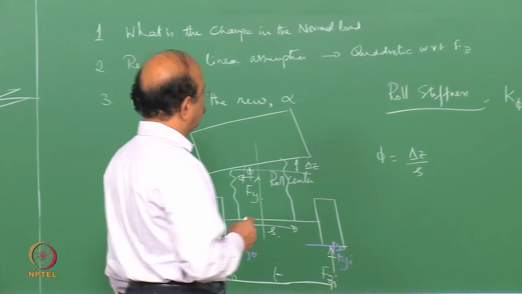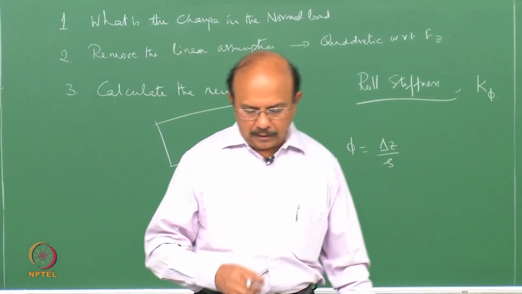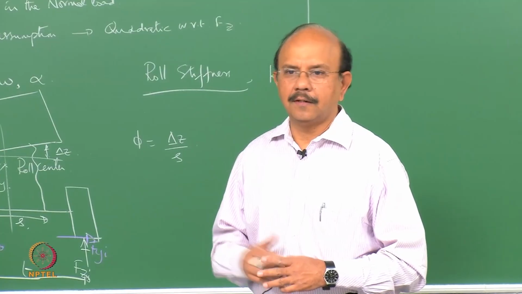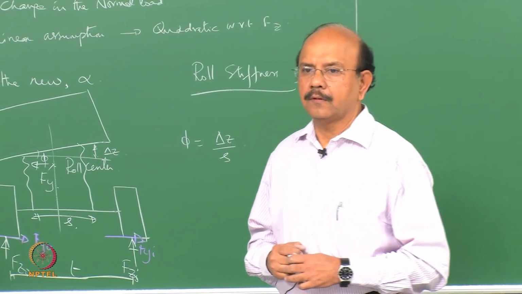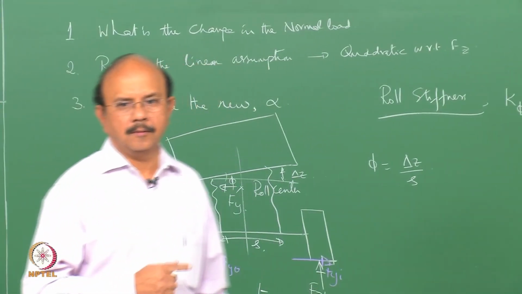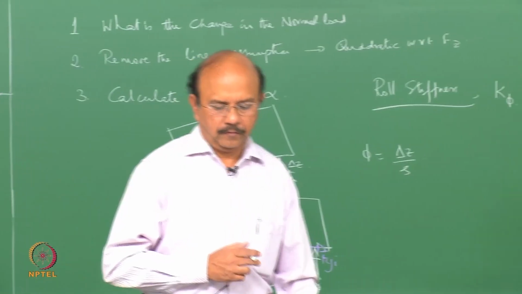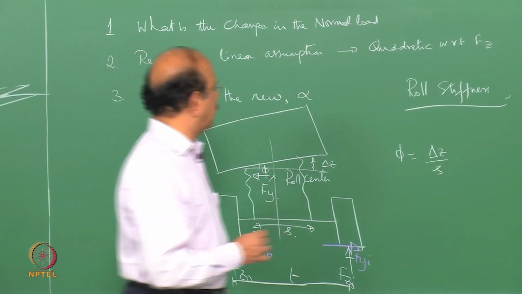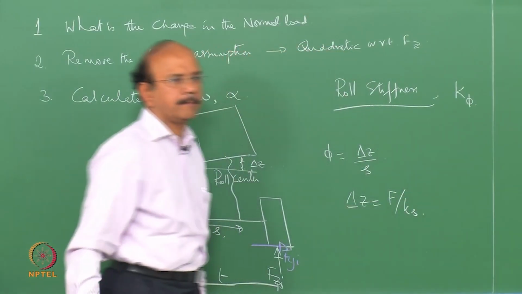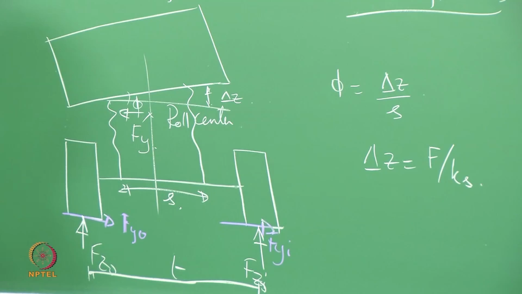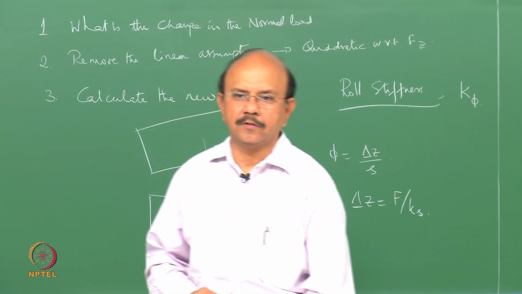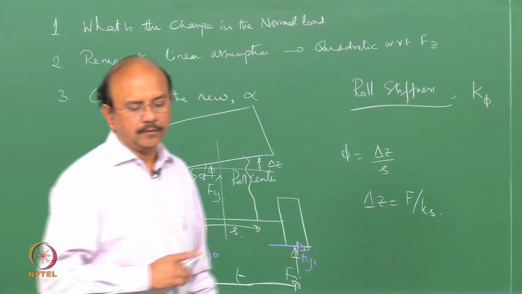Okay. Now help me to determine what is the roll stiffness. Note that delta z is equal to F by Ks. How do you go about this? How do you think we can go about this?